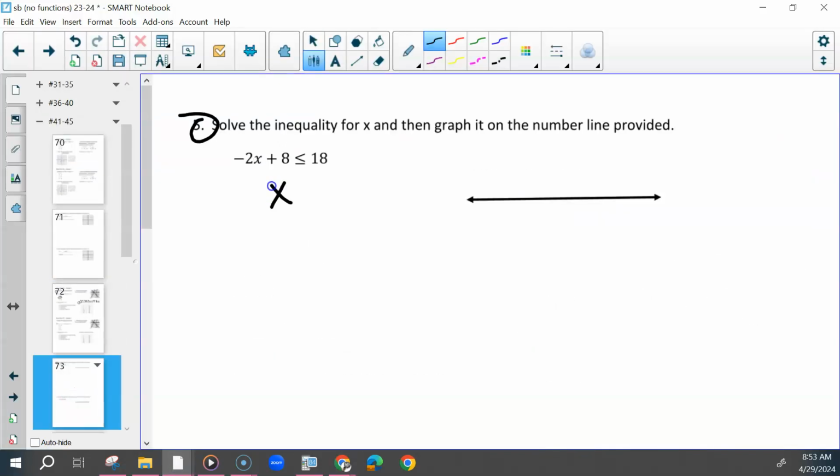So it would be x is greater than or equal to negative 5. Put negative 5 on your number line. Make a closed circle going to the right. Questions there?